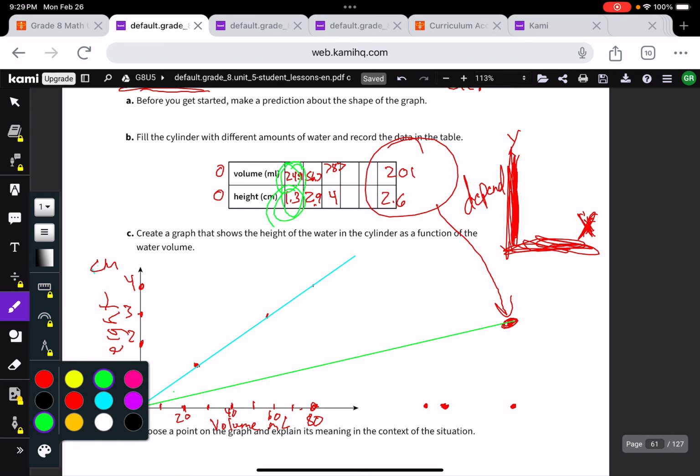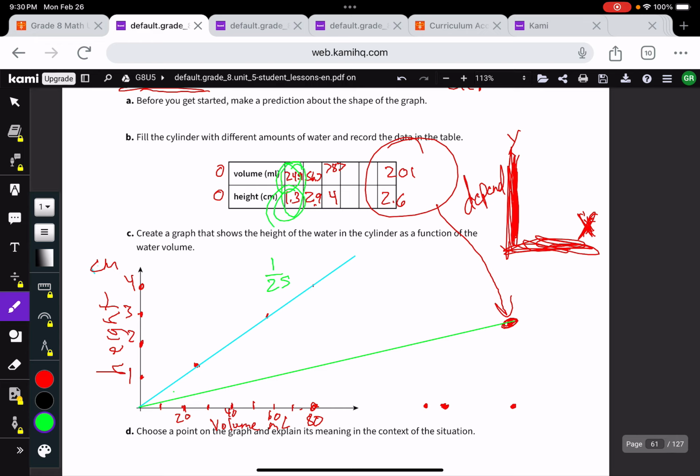Let's just round off and say it's 1 over 25. That's the slope. That means it's 1/25th of a centimeter for every milliliter. A milliliter is not much water, right? Very, very small amount of water. But if it's 1 milliliter, it goes up 1/25th of a centimeter.